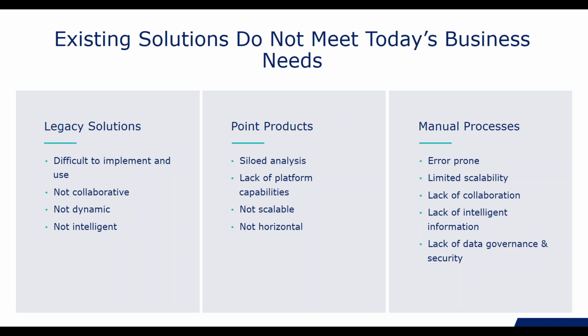Point products, right? They're siloed. They don't have those platform capabilities. You're not able to communicate between functions in a business, and that is so important today when sales and finance and supply chain all really need to be looking at the same world and acting in the same way. And then, of course, just manual processes. So many of our customers come to Akili and come to Anaplan coming off of Excel, frankly, right? And those manual homegrown processes, whether it's sitting on someone's laptop or siloed in a certain function of a business.